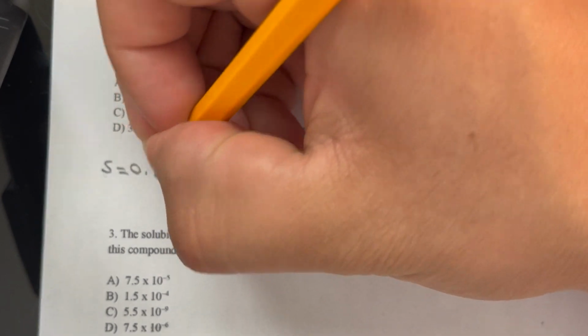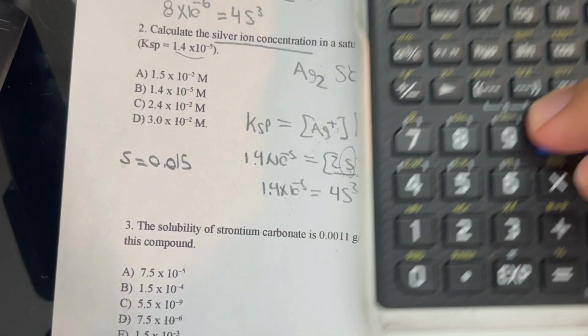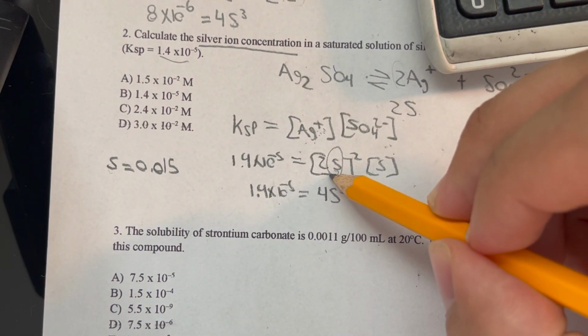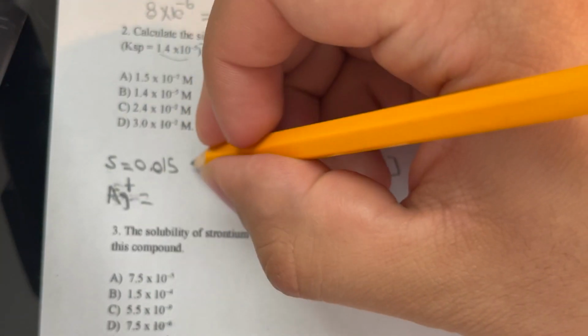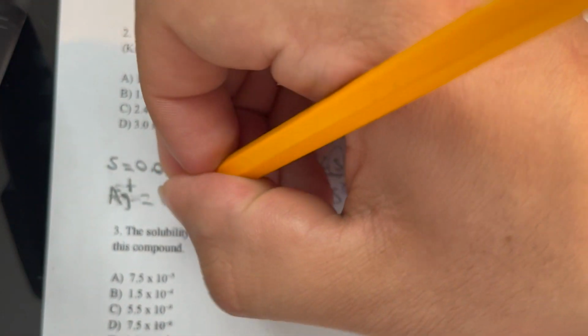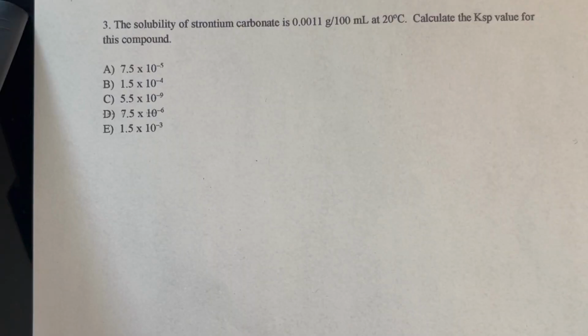S is equal to 0.015, right? But we want the silver ion concentration, and we know that the silver ion concentration is 2s. So the silver ion concentration would be this value times 2, which is 0.030, which is D.